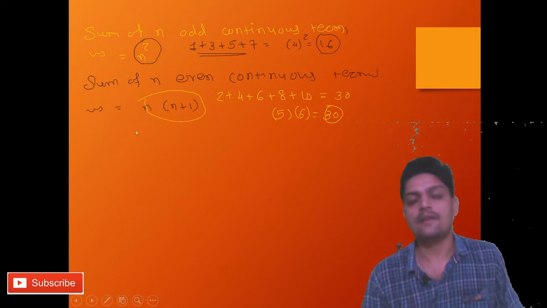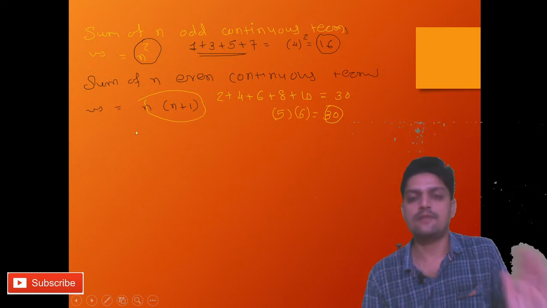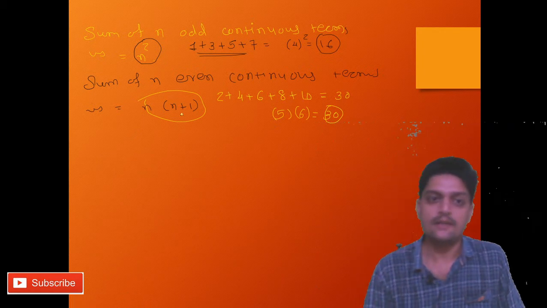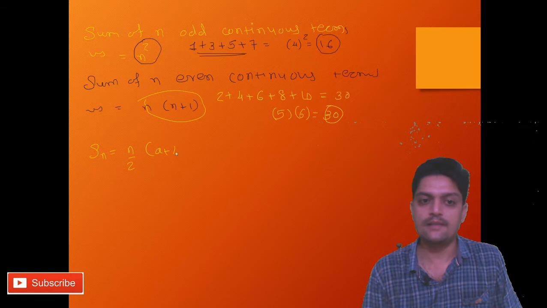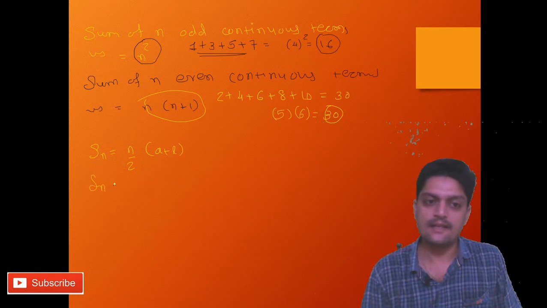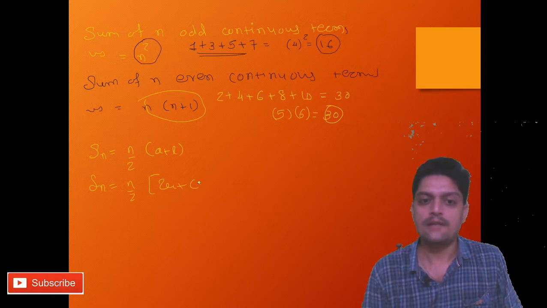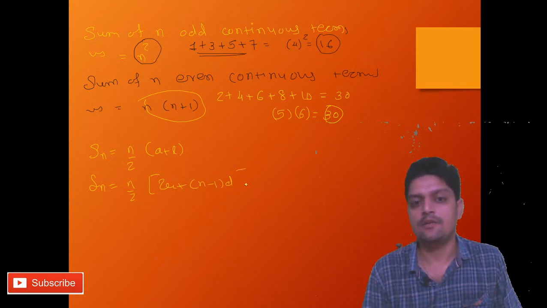And if all numbers are continuous, meaning 1 2 3 4 5 6 7 8 9 10, which formula do you have to use? Sn is equal to either n by 2 into a plus l, otherwise Sn is equal to n by 2 into 2a plus n minus 1 into d.